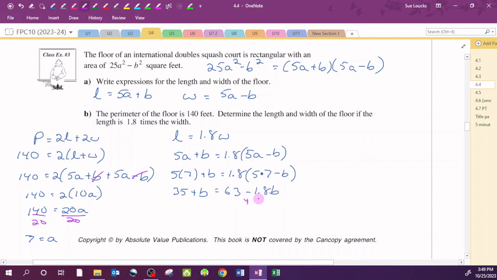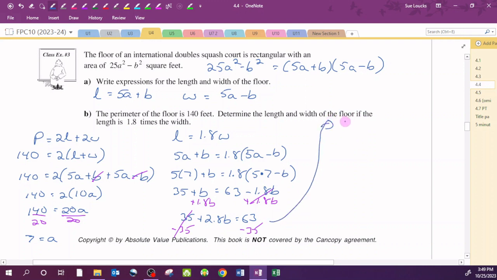And then I'm going to add 1.8b and add 1.8b. So I get 35 plus 2.8b equals 63. And I subtract 35 and I subtract 35. And I get, come back up here.